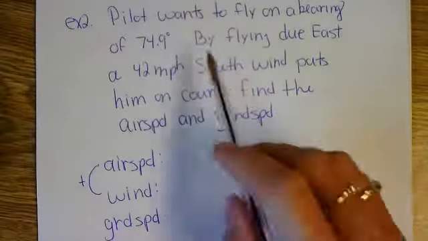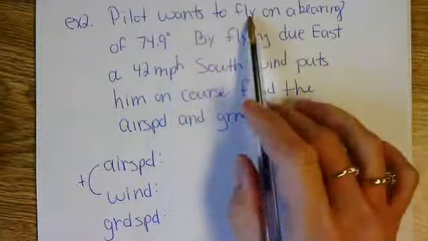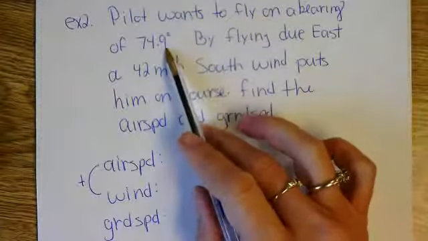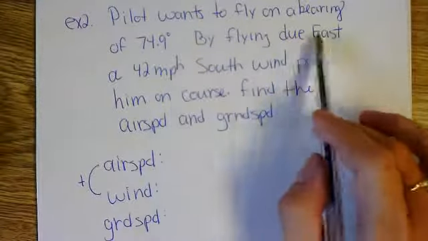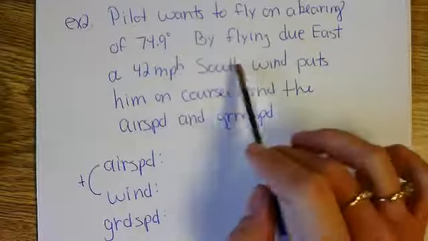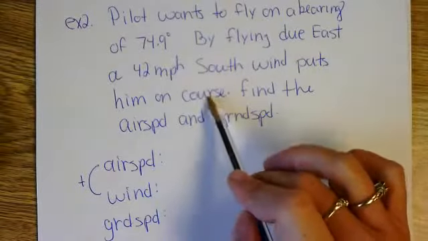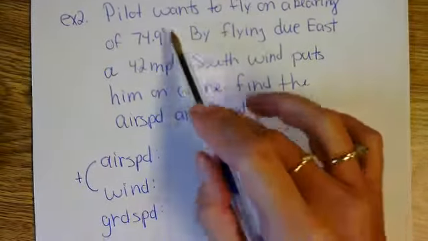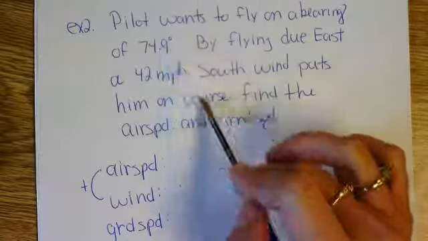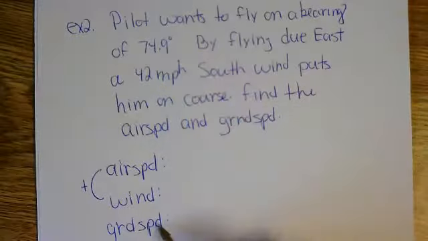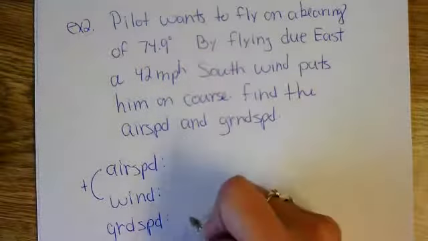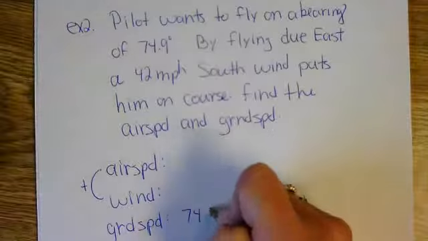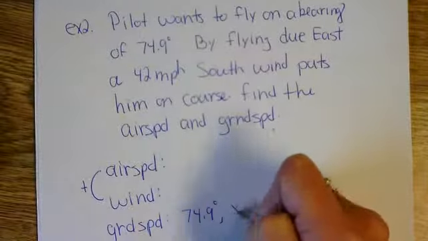So if we look back in here, it says he wants to fly on a bearing of 74.9. By flying due east, the south wind puts him on course. So the course is tying back to this beginning one. That's your ground speed. So for the ground speed vector, we know the direction is 74.9 degrees, but we don't know the miles per hour.